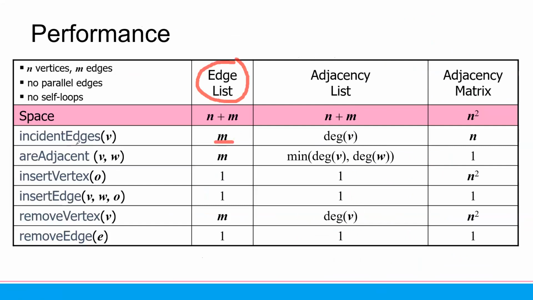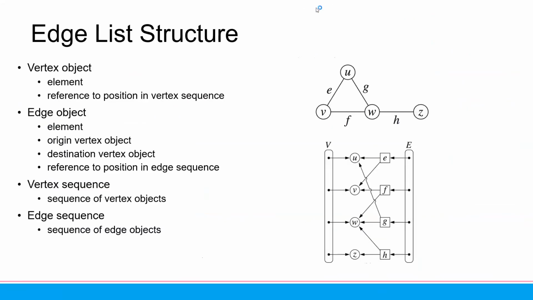We want to check the incident edges of V. If we use the edge list, what are the incident edges of V? It means we need to check every edge. That's why the cost or the performance will be m in the worst case.